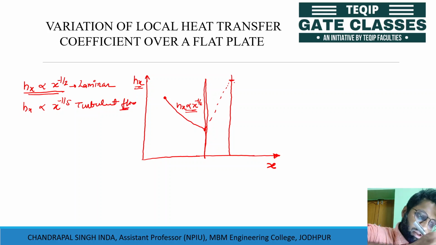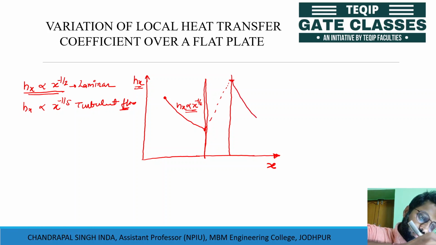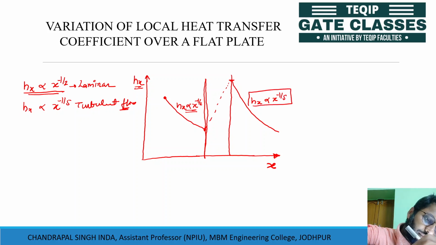Similarly, in a turbulent flow, the value of the local convective heat transfer coefficient decreases like this, where hx is proportional to x raised to minus 1 by 5. This is how the values vary with the length of the plate for flow over a flat plate.